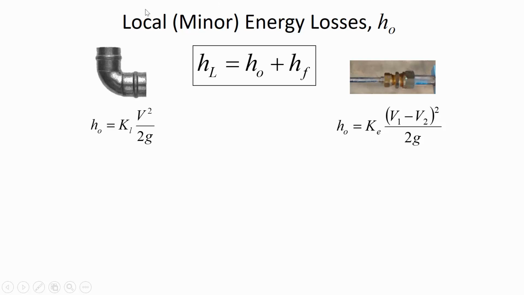The way that we can calculate the local losses is by multiplying some K value that we look up from a table by the velocity head at a given location. So let's say that it's a bend that's causing a localized reduction in energy. And the reason why it extracts some energy at this bend is that the flow is having to change direction, and that introduces turbulence.